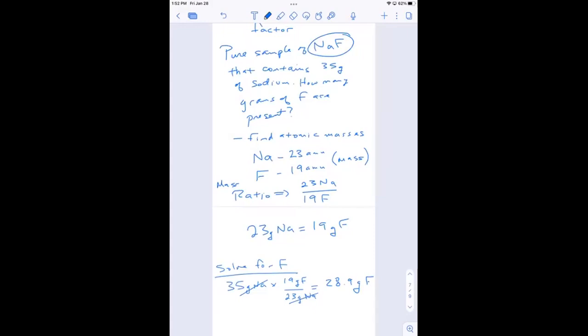We don't know how much of the sample we have, but if it contains 35 grams of sodium, based on the law of constant proportions, it's got to have 28.9 grams of fluorine. So the total amount will be what, 63.9? The whole sample itself will weigh 63.9 grams. Is that right? 35 plus 28.9?